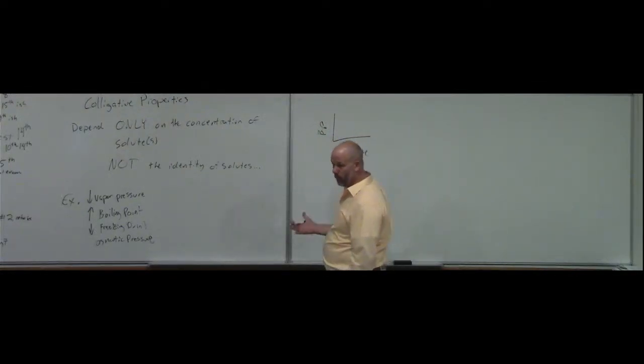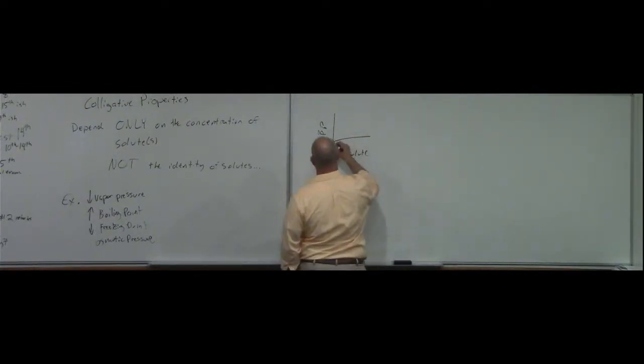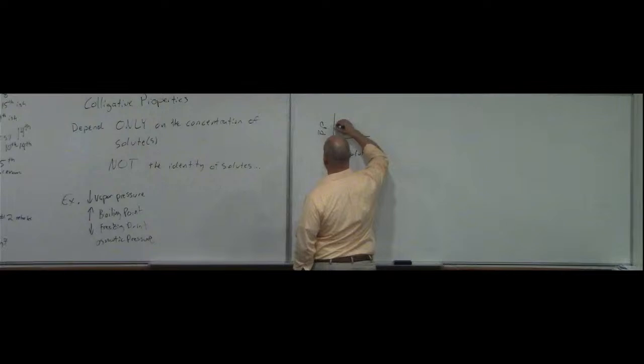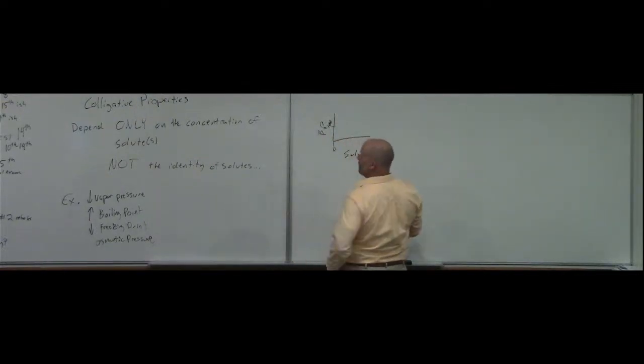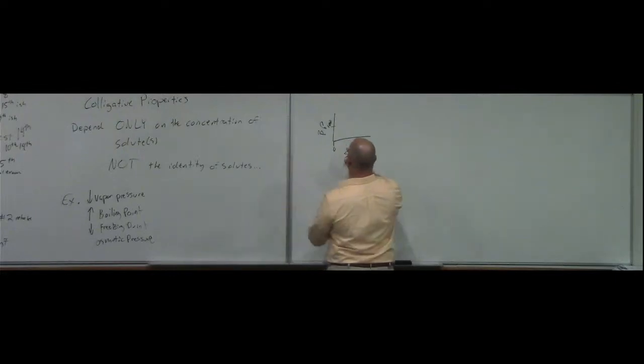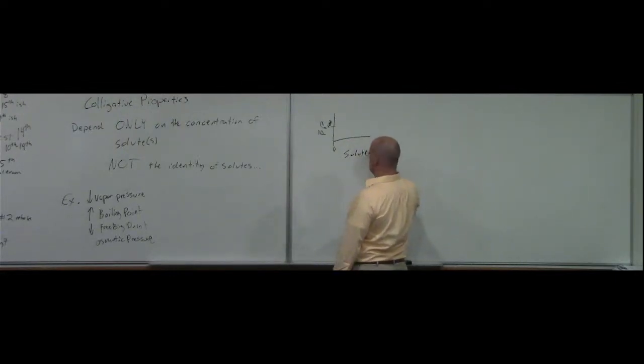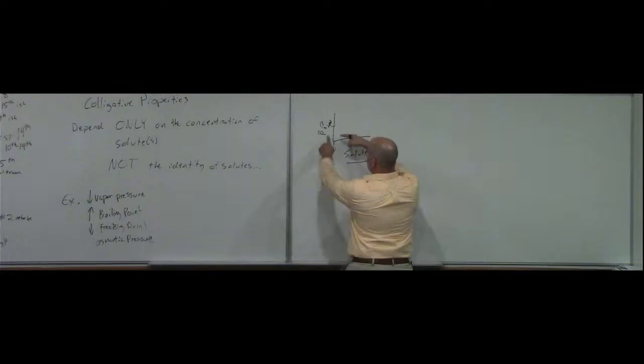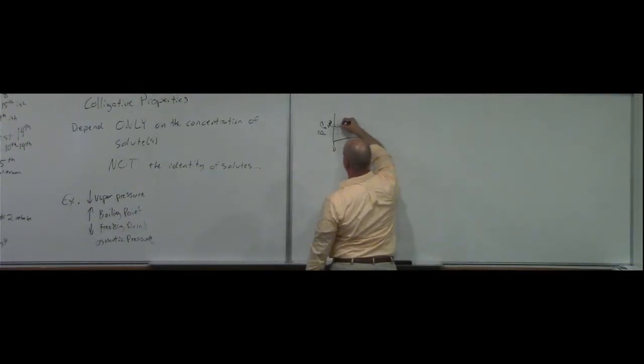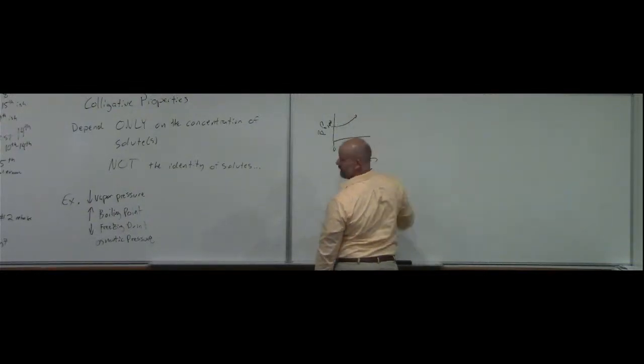Regular water boils at 100 degrees, right? So if I have 0 solutes, it's going to boil at 100 degrees centigrade, right? What this is saying is its boiling point elevation. So as I add more solute, my boiling point is going to go up. I would have to add more energy to get it to boil, okay?